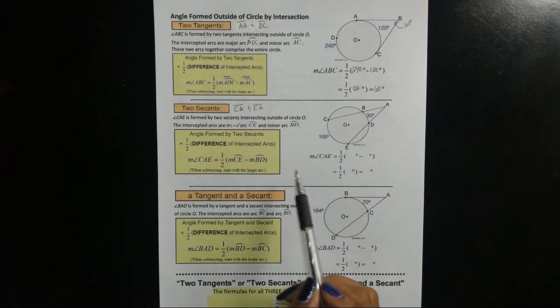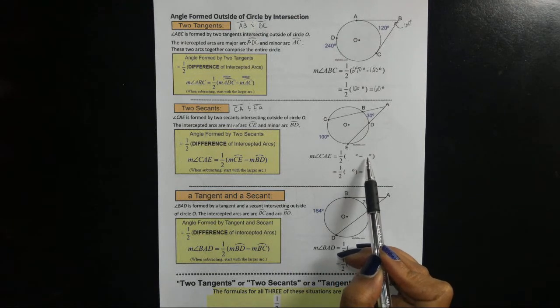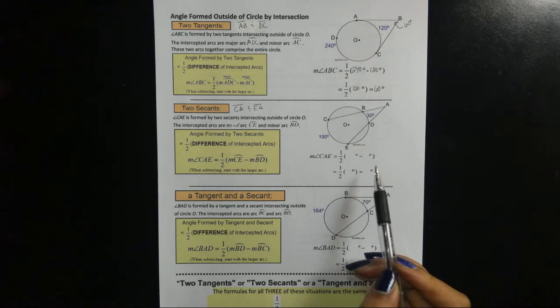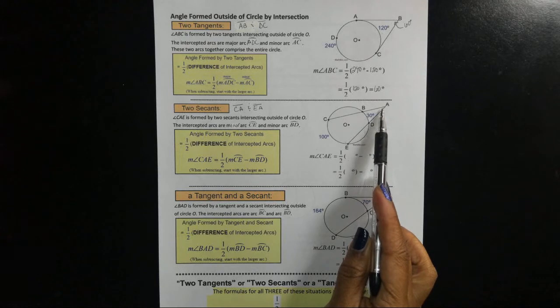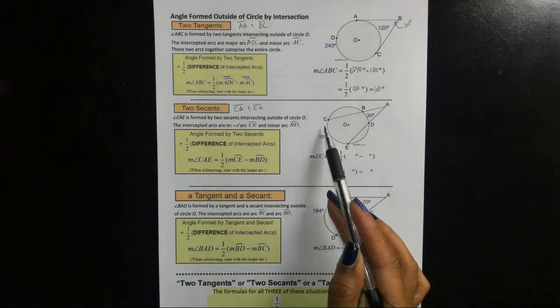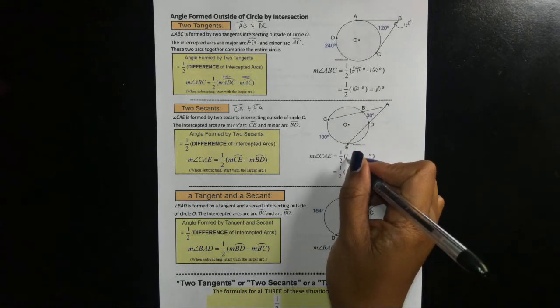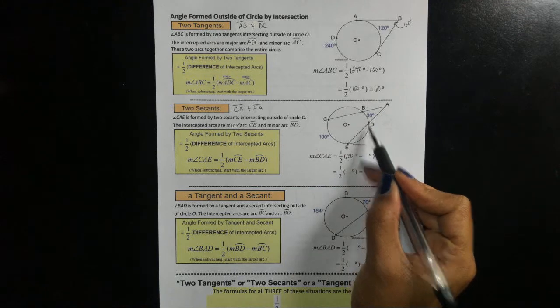Now in this case, remember, we're still taking the larger one and subtracting the smaller one, and the reason that we're going to do that is to make sure that we end up with a positive number. So to solve for this angle out here, we're going to do the same mathematics. We're going to take this arc here, which is 100 degrees, and we're going to subtract this one here, which is going to be 30 degrees.